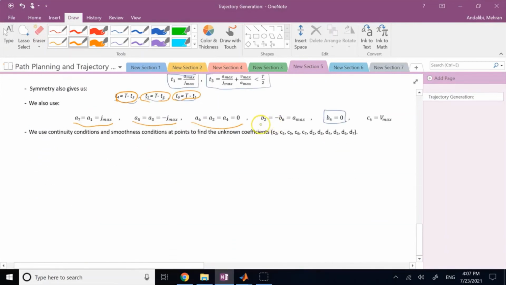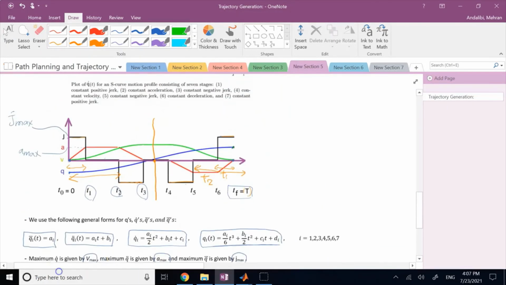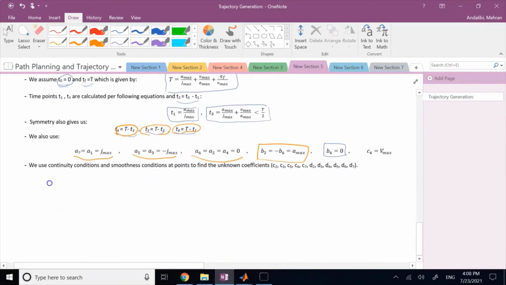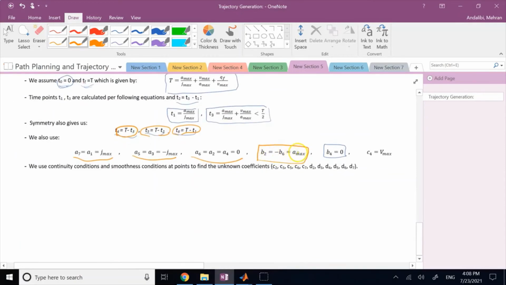And your B2 and B6 are equal to A max and negative A max. And that comes from this plot here. This is the B2 value, and this is the B6 value, the accelerations in second and sixth part. And they are equal to A max, as you can see here, and here this is negative A max, which you can see.